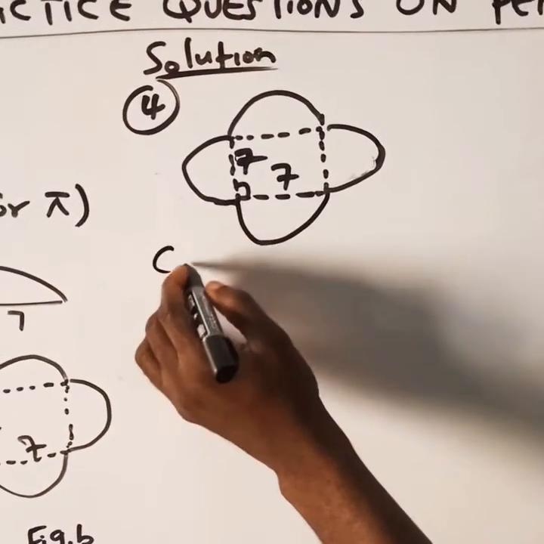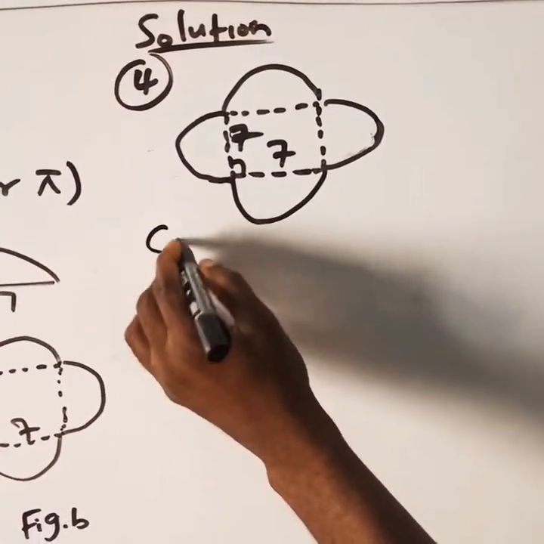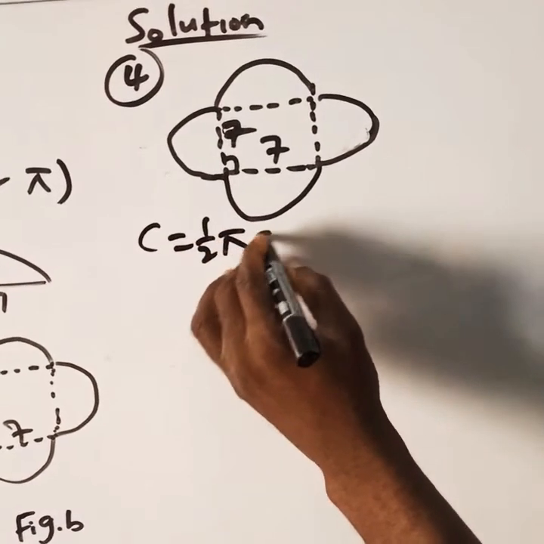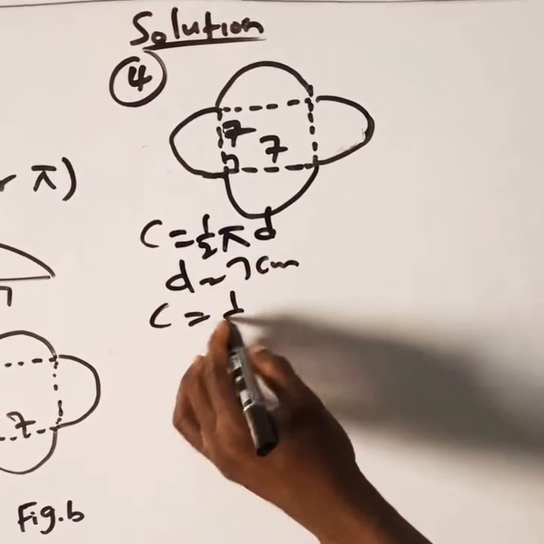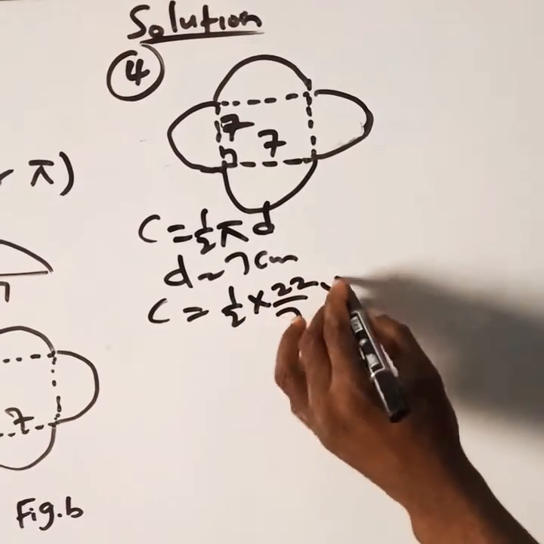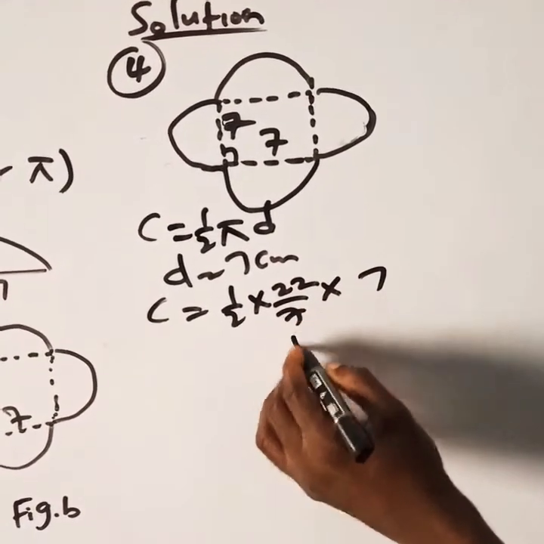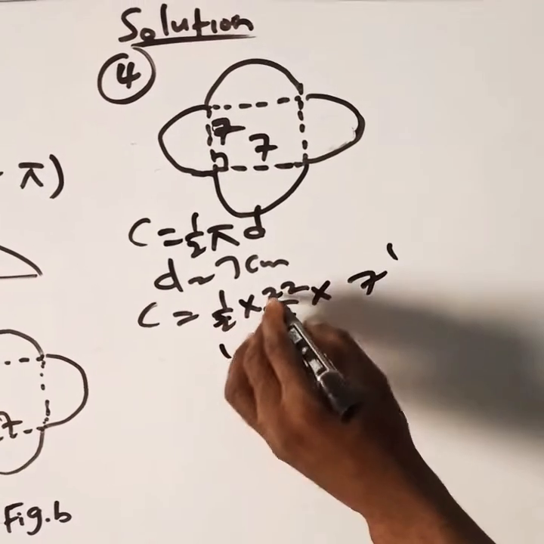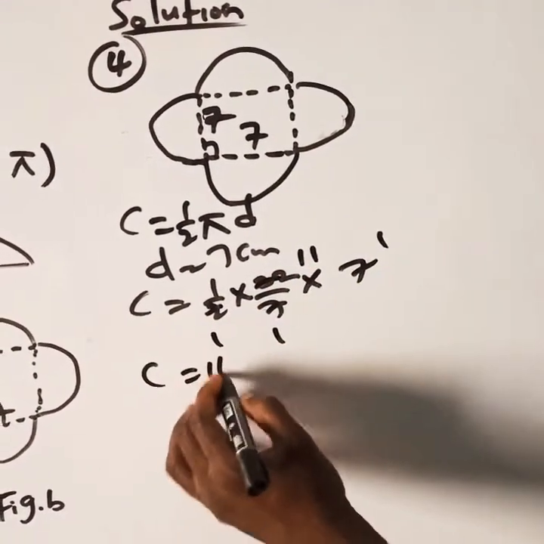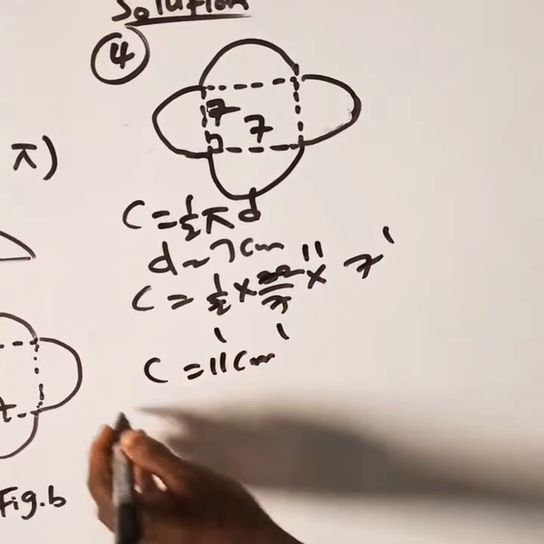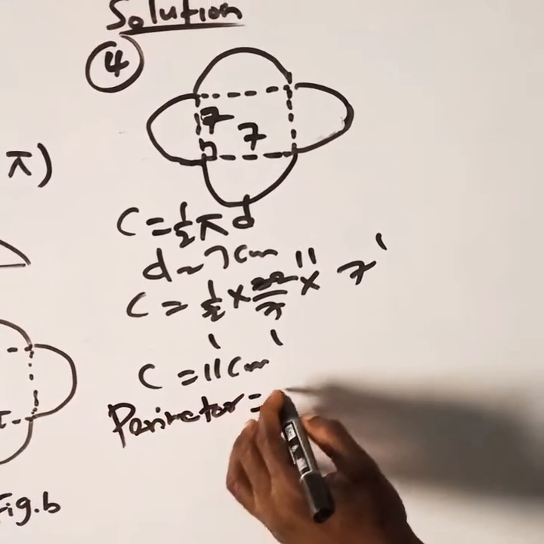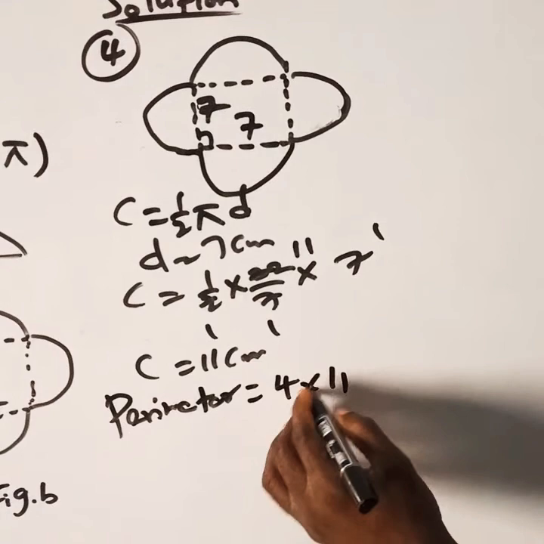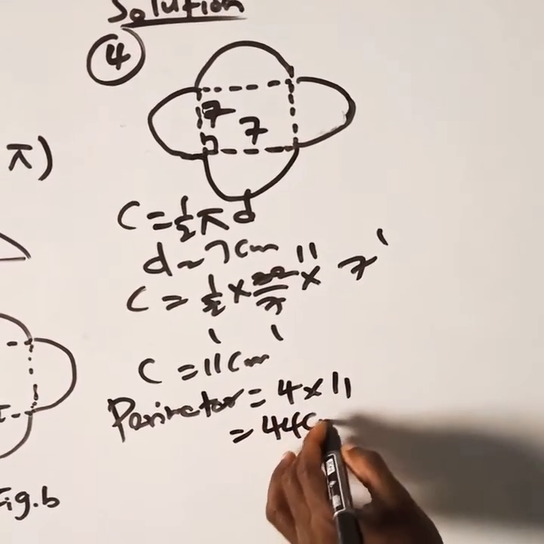The circumference is half pi d, and d is 7 centimeters, so c is half times 22 over 7 times 7. So c is 11 centimeters. There are 4 of them, so the perimeter will be 4 times 11, that is 44 centimeters.